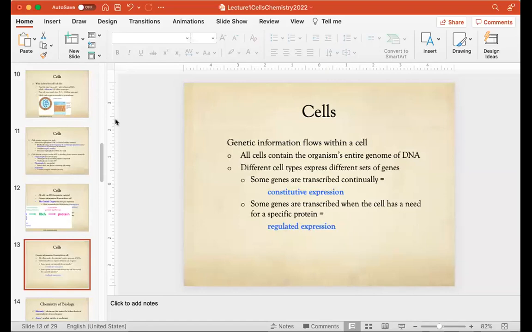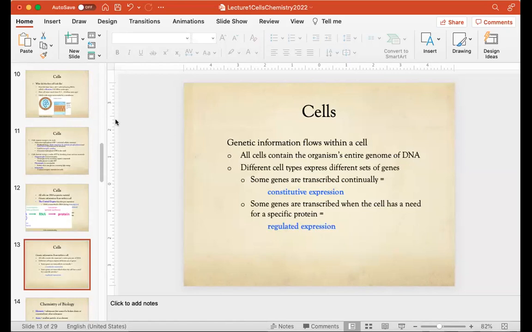Now, there are some genes that every cell uses. We often refer to those genes as housekeeping genes. Let's think about what they might code for. Remember, all cells in, let's say, the human body, all cells have certain jobs they have to do every day that require particular enzymes.